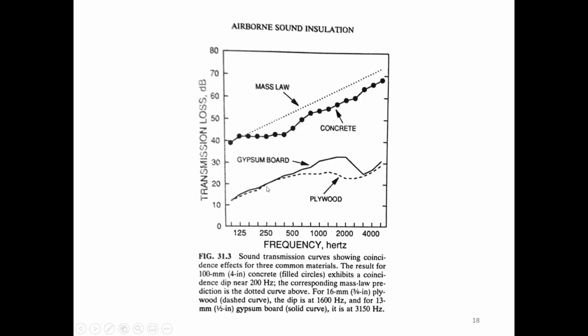Then plywood is going to be next. Plywood is 1600, so maybe the dip is occurring somewhere right in there. And then gypsum board, 3150, so right in there. We see these dips for all three.